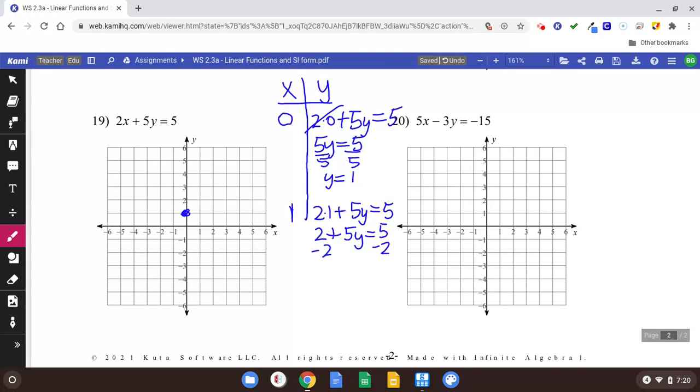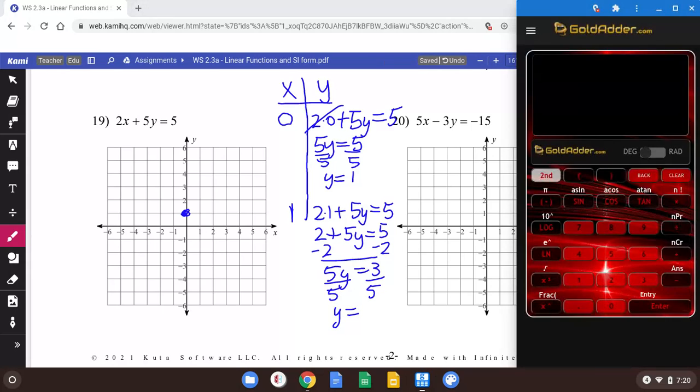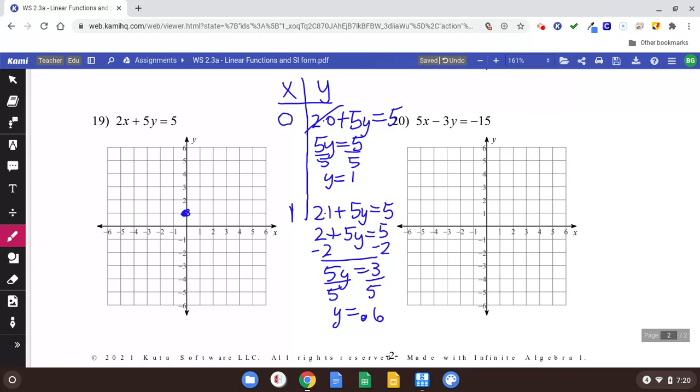So I'm going to subtract 2, and I get 5y equals 3. And I divide by 5, and I get y equals 3/5. Now 3/5 is 0.6. So it might actually help you to think of that as a decimal. We have the point 1, 0.6, which is like right there.